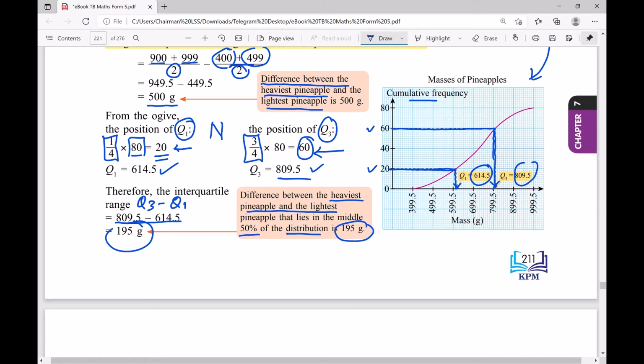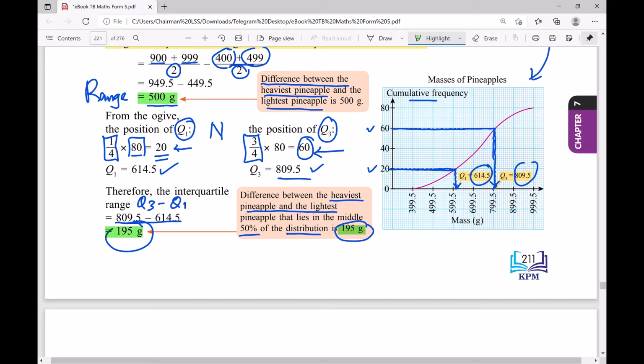You see, compared to the one that you calculated by using range, that formula is very simple, but when you use interquartile range, you will get this one, 195 gram.